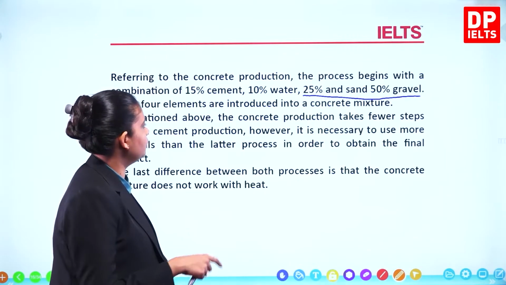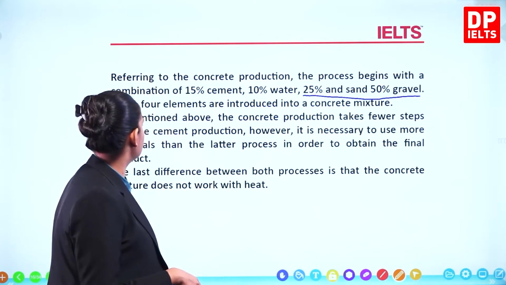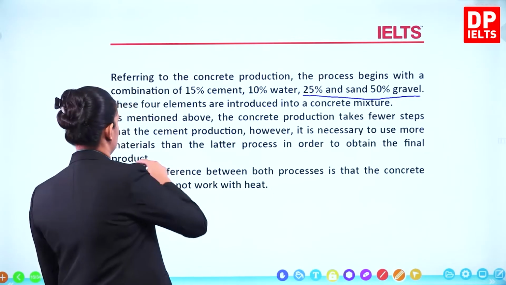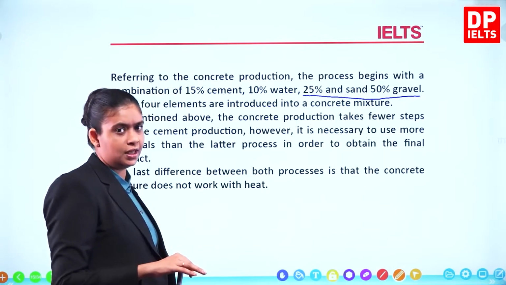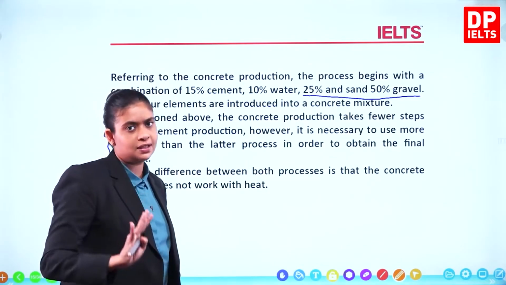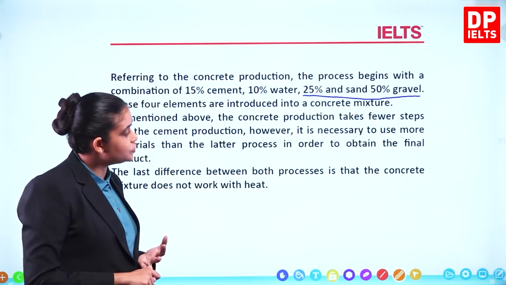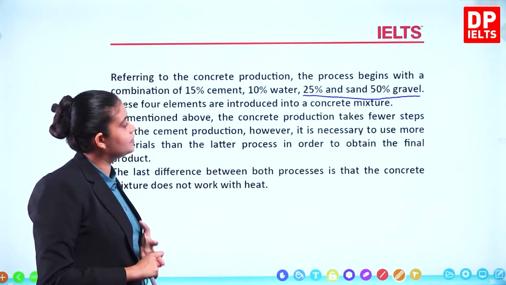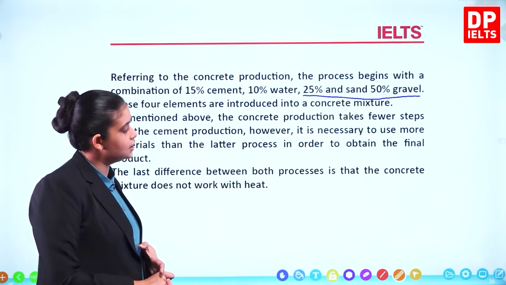As mentioned above, the concrete production takes fewer steps at the cement production that the cement production. So all of these are errors, right? But the good thing is the student does write down the process, right? And the student does use a certain level of language, does use some grammar, sentence structures, right?